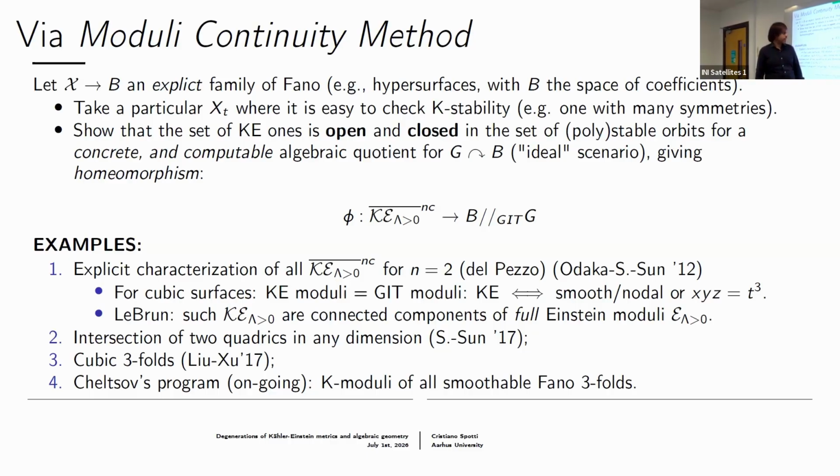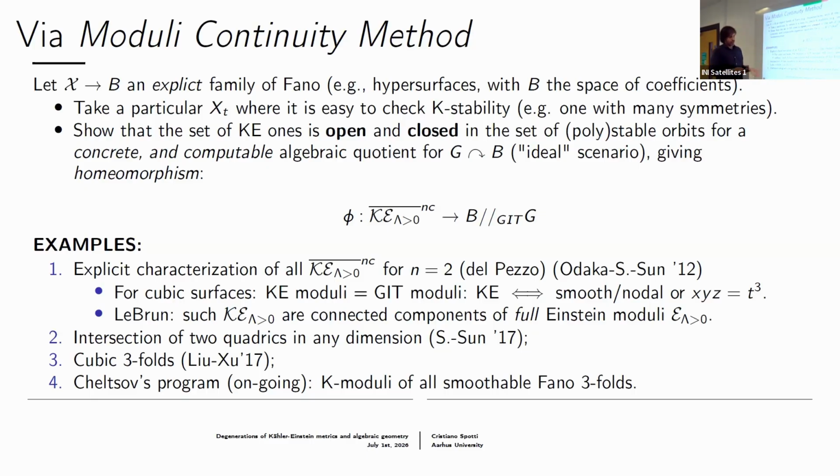And this is super concrete. So you know what are the stable, polystable points, very classical. And this actually gives a complete computation of which cubic surfaces of degree 3 here are Kähler-Einstein: smooth, with one singularity, or this toric one. So from abstract, you go to something extremely computable.